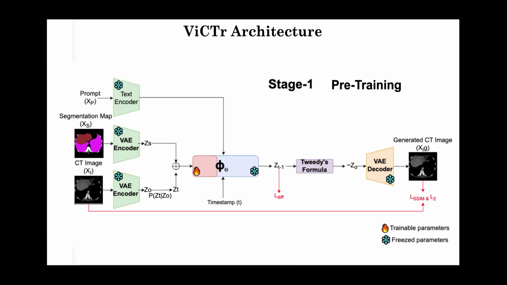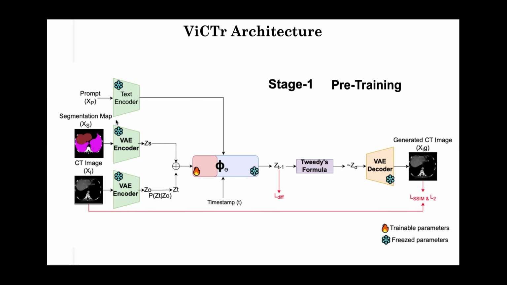So to get better generalizability and adaptability for medical images, we train it, and to train it we haven't used the normal diffusion training. Instead, we use flow matching, which is fast and robust for training diffusion models. Flow matching is currently the state of the art in the training phase.